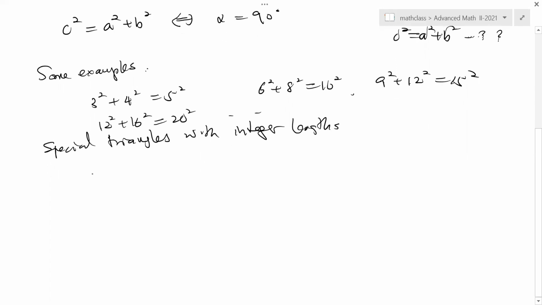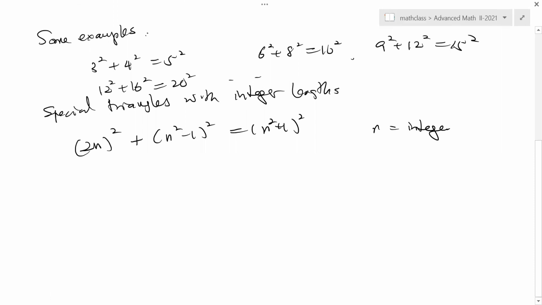Now I have another formula: 2n squared plus n squared minus 1 squared equals n squared plus 1 squared. Here n is an integer. This gives you a lot of special triangles, and it is true for any integer n: 2n is an integer, n squared minus 1 is an integer, and n squared plus 1 is also an integer.